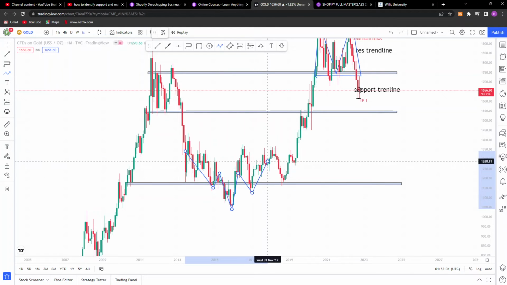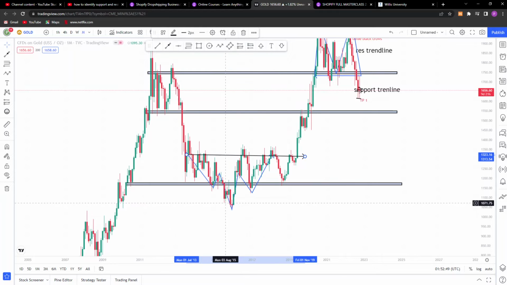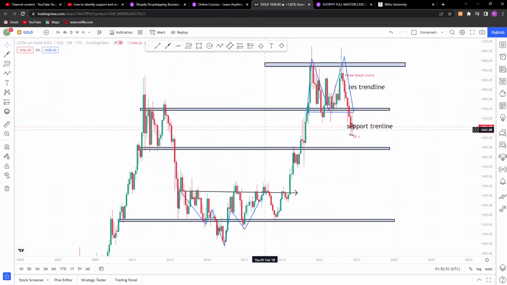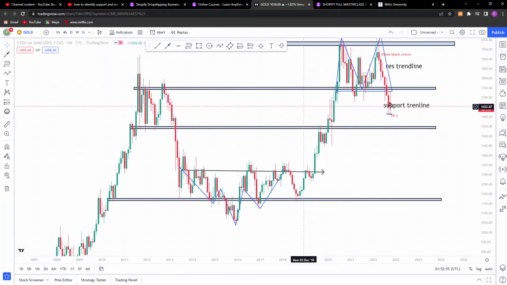This is basically an inverted head and shoulder. This is how they call this pattern: inverted head and shoulder. The pattern becomes valid once there's a break of the neckline. You can see that, right? After price forms this inverted head and shoulder, look what happened. To the upside. Price skyrocketed to the upside.